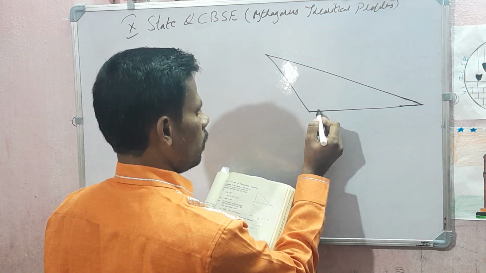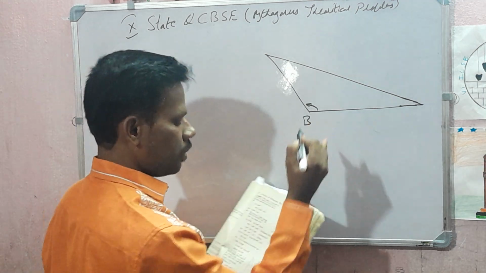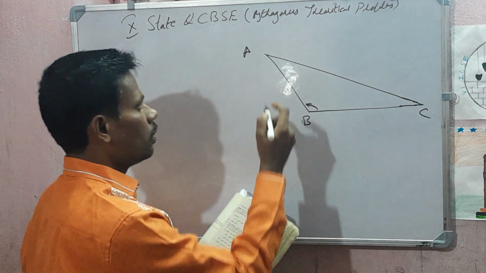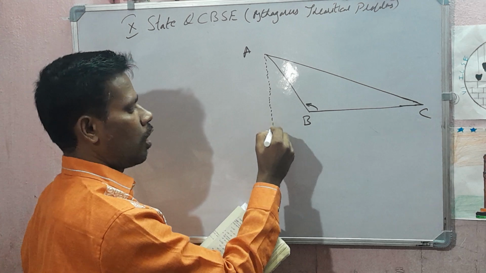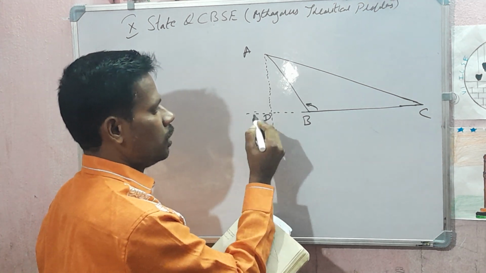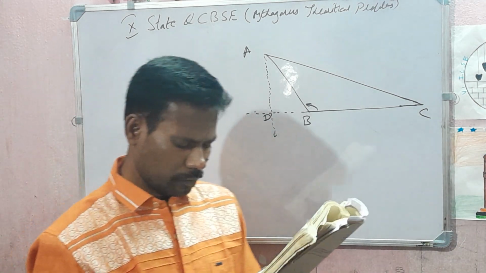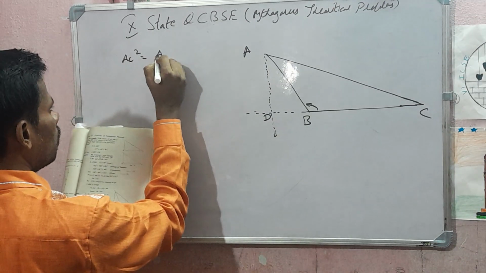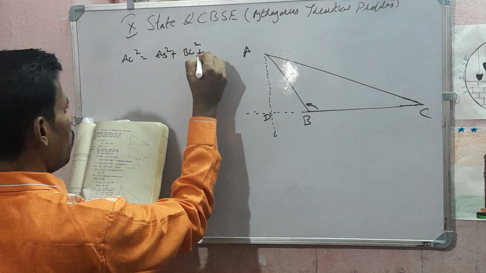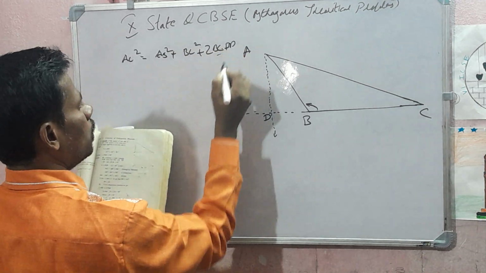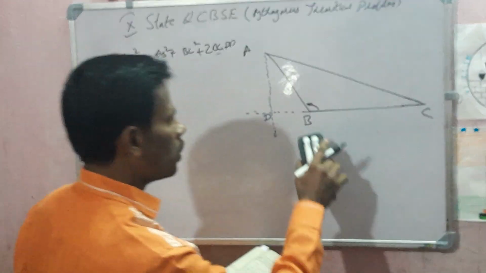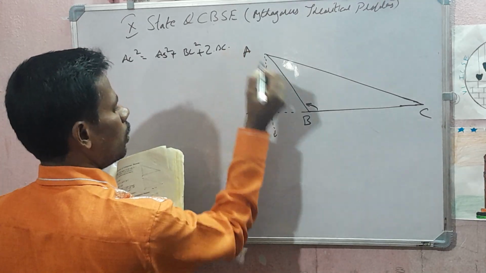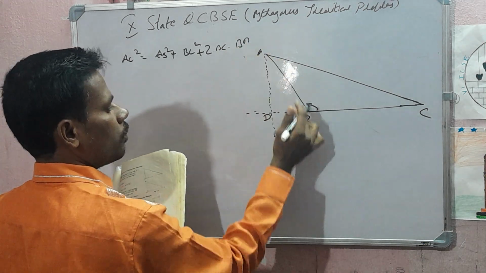Obtuse angle at B. See the direction here. If AD is perpendicular to CB, prove that AC square is equal to AB square plus BC square plus 2 times BC into BD, the product of the parts of the bases.